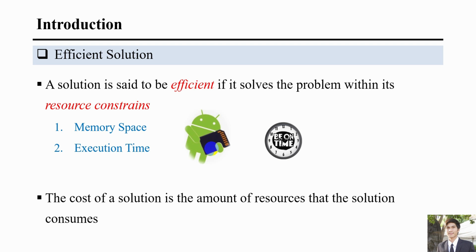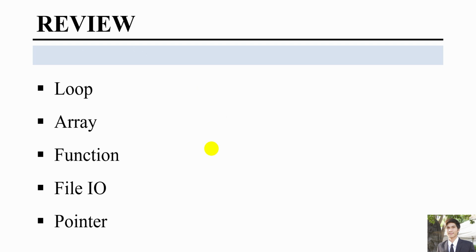And for memory space, the program should be lightweight so that you don't need to spend much storage. Those are the two main constraints we should focus on. And the cost of the solution is the amount of resources that the solution consumes. That is a very important point that we should consider, so I will not talk much on that.